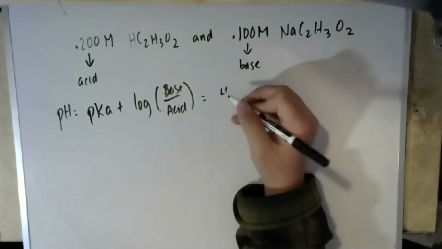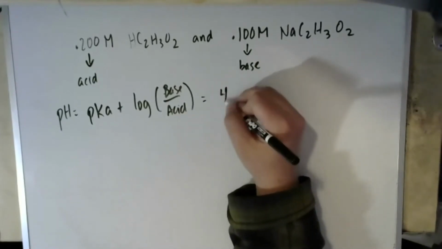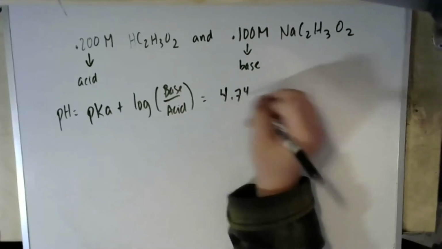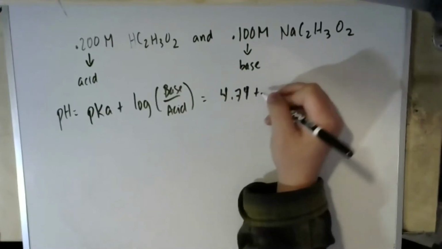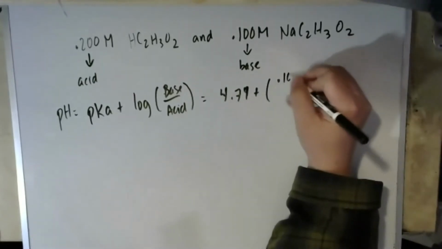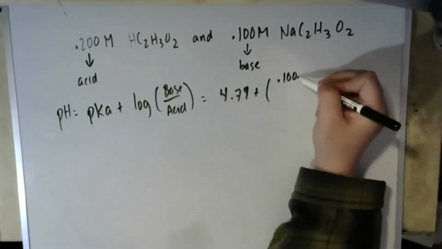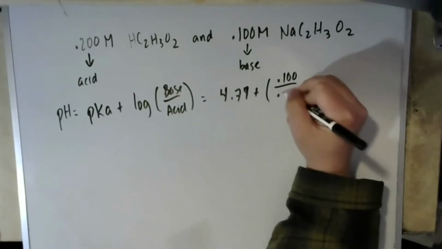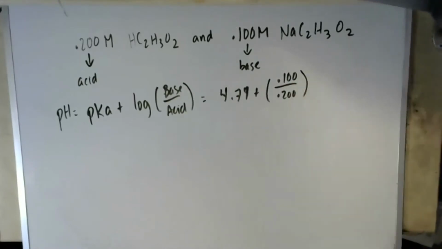So this is going to be 4.74 plus the log of 0.100, because we're going to put the base concentration divided by the acid concentration.